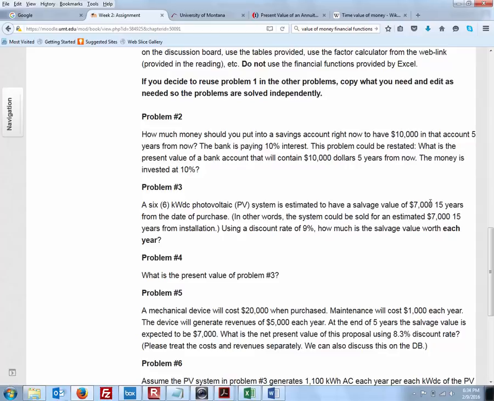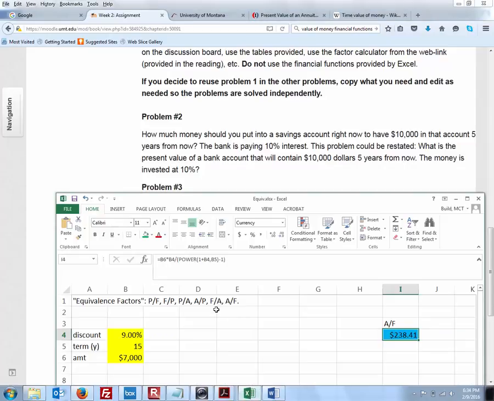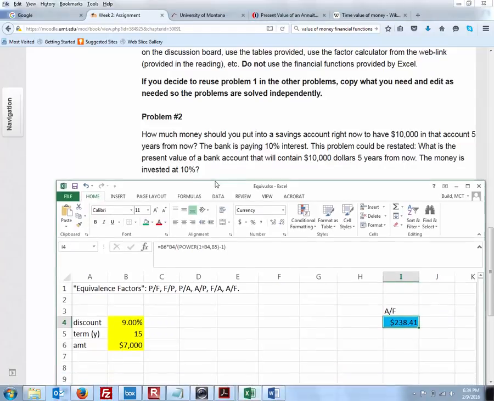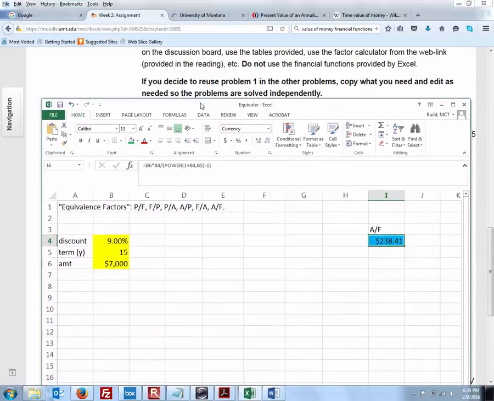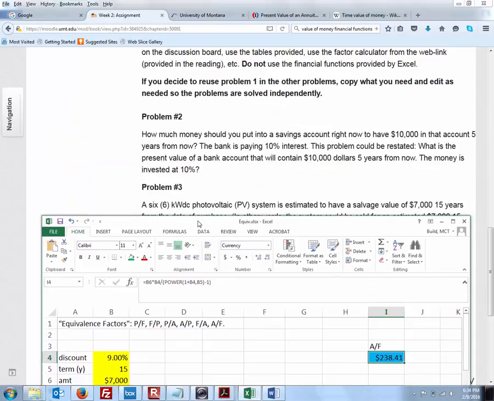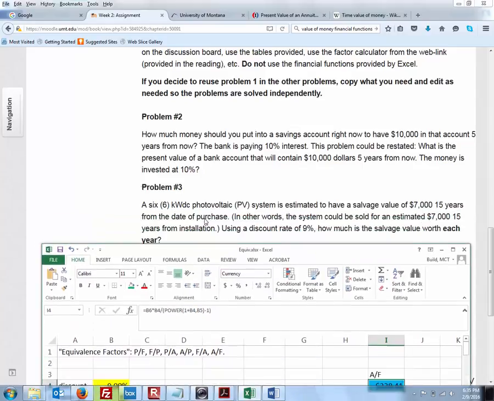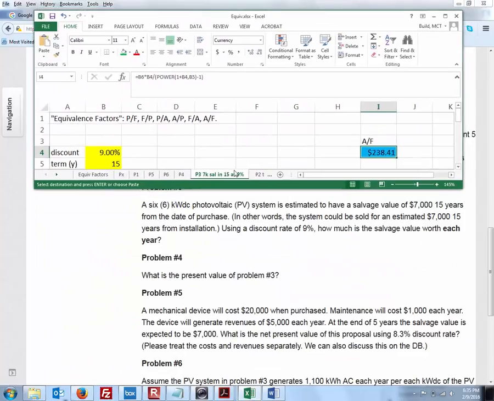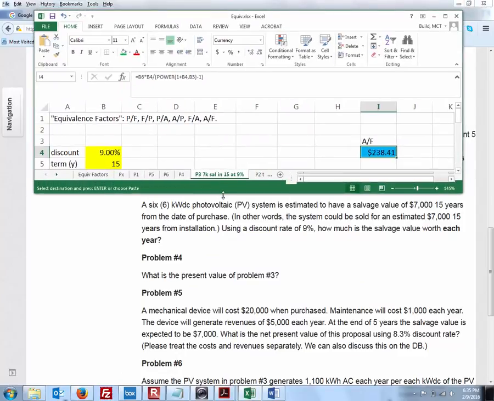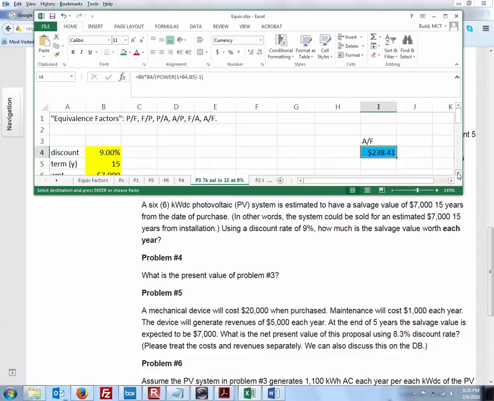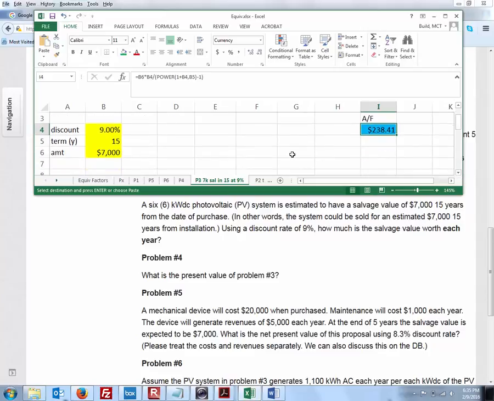Okay. The simple way, and I tend to make things more complicated than they are. Let's just see how I did this thing. Okay, so we know the future value is $7,000.